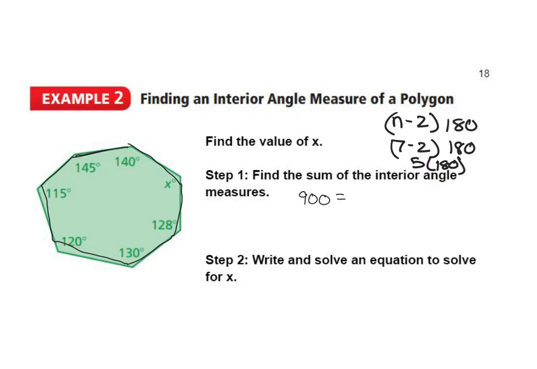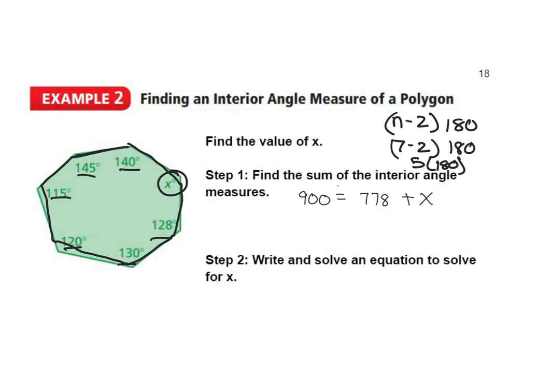So 900 equals all of these angles added up. So we'll do that. 140 plus 145 plus 115 plus 120 plus 130 plus 128. That equals 778 plus x.